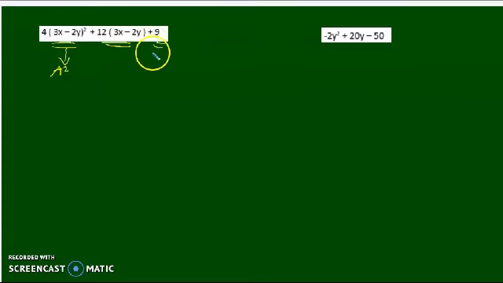Then 9 is also a perfect square, which is the value of b squared, and then find the values of a and b. So first get the square root of 4, which is 2. Then the square root of the power of 3x minus 2y, so just simply divide the exponent by 2. So the square root of this is 3x minus 2y.